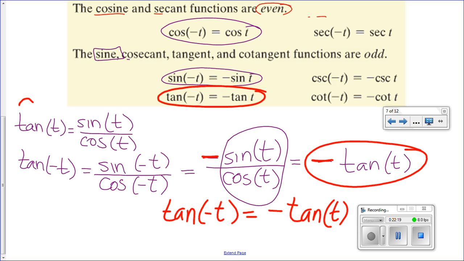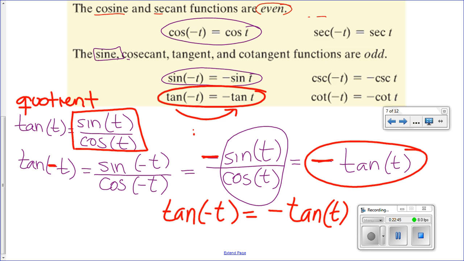By the quotient identity from that slide, we have this, right? Tangent is the ratio of the sine over the cosine. Now, if I want to find out what is tangent of negative t, just to prove that I will get that, let's say this is a question. Is that true?